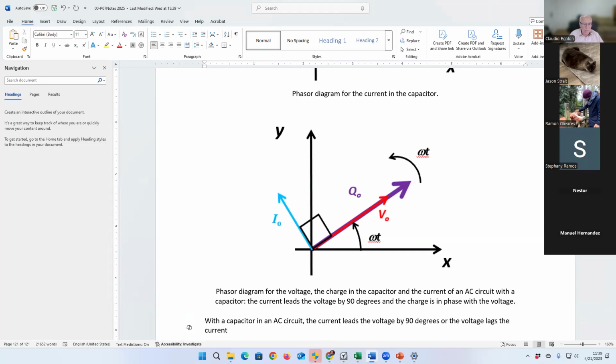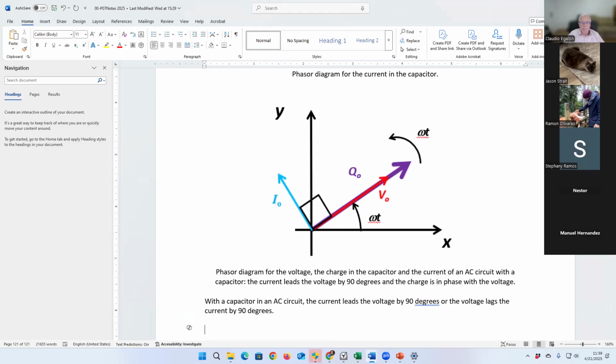Either way, by 90 degrees. Either way is correct. What's next, right?